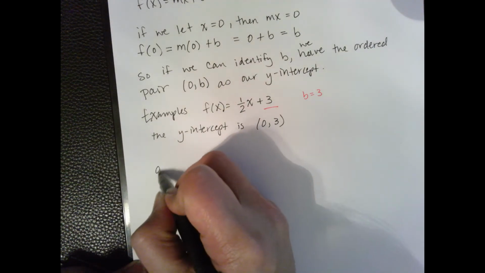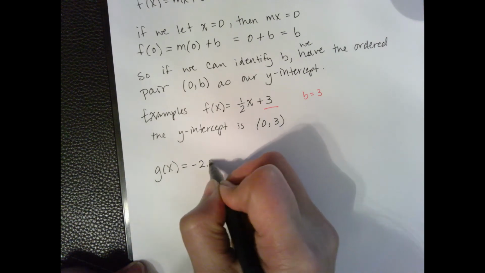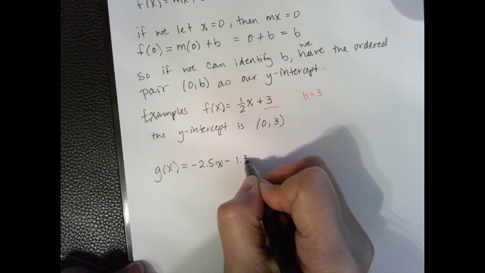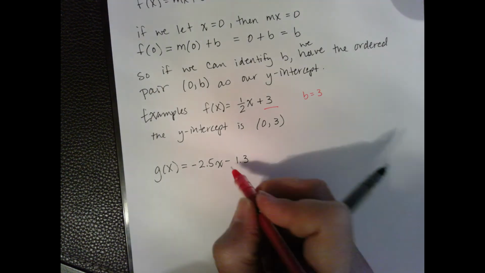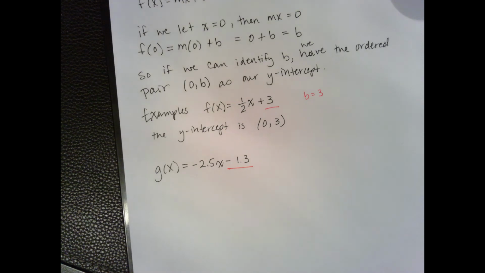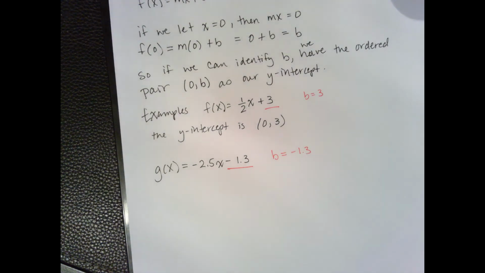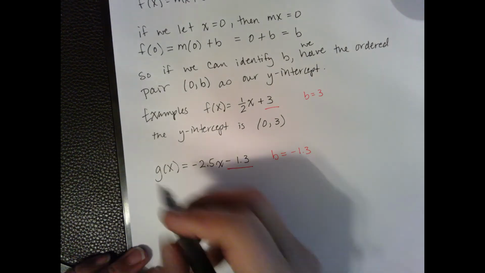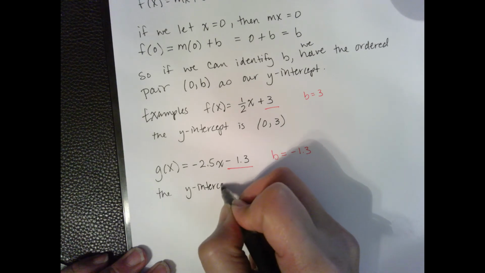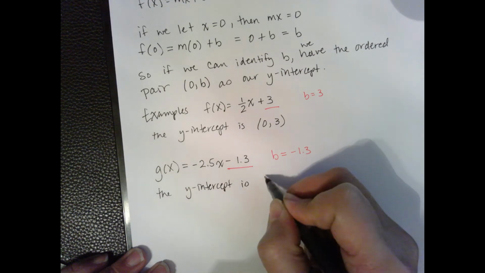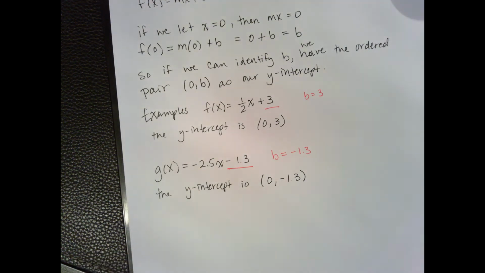So, for example, we could have g of x is equal to negative 2.5 x minus 1.3. Okay, so here, b is negative 1.3. Don't forget the negative sign. Okay, so the y-intercept is (0, negative 1.3).